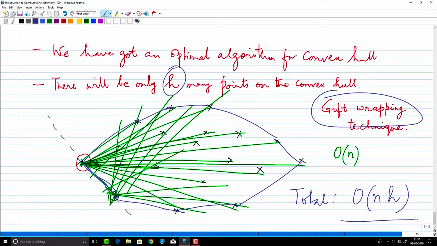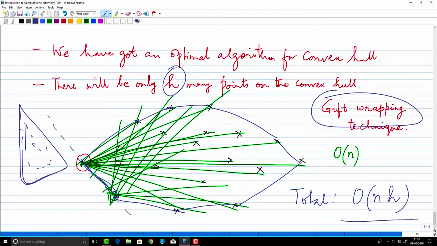Now, H can be order n, I do not discount that fact, then you are taking quadratic time, but if your H is something sublinear, say if your H is log n, you are doing n log n, and if your H is constant, then you are doing order n. Think of the situation when the convex hull is a triangle and all points are inside, then you have a linear time algorithm.